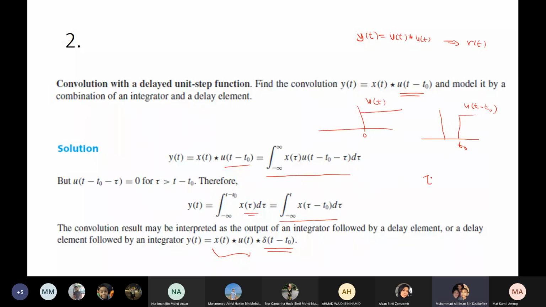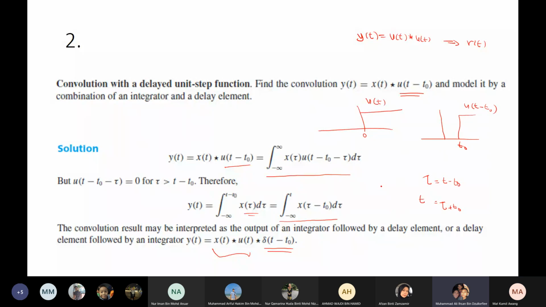So if tau equal to t minus t naught, then t is equal to tau plus t naught.